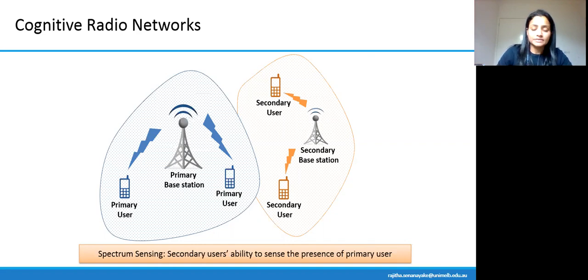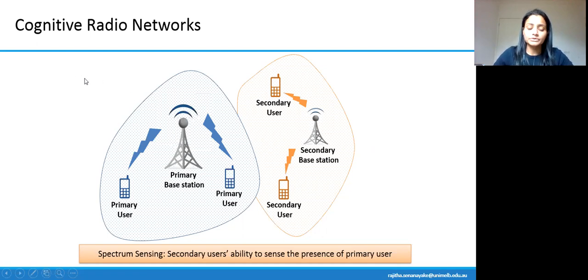But spectrum measurements indicate that nearly 70% of the licensed spectrum is underutilized at some places and some times. That means the licensed users do not use the spectrum all the time. So that is a waste of the frequency spectrum.